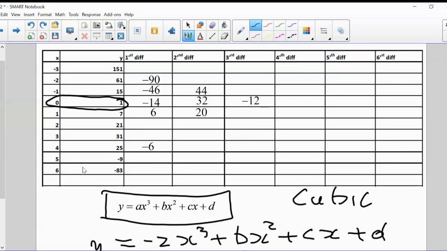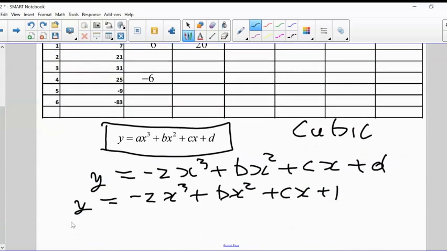So what I'm going to do is I'm going to pick 2 points on the table. Let me pick 1 and 7. I don't like to pick numbers that are going to give me too much work. So I'm going to plug in 1 and 7 into this equation. When x is 1, y is 7. Okay?